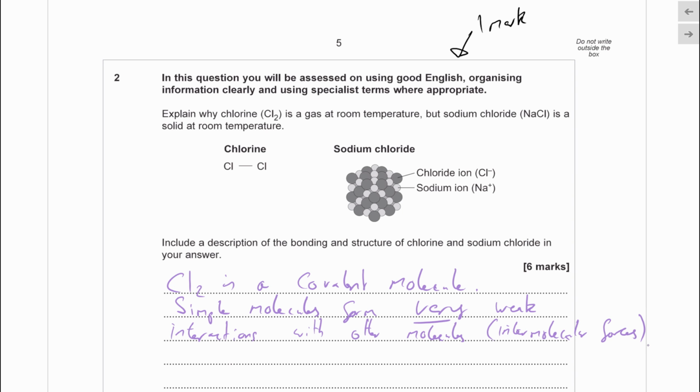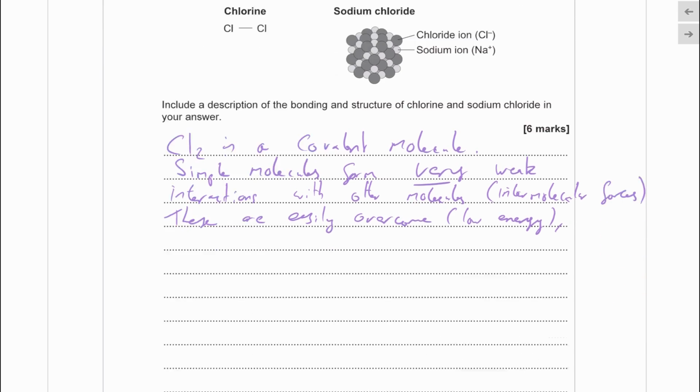Right? Alright, these are easily overcome. I'm going to put in brackets here, low energy. So it only requires a small amount of energy to overcome those intermolecular forces. Alright, which therefore equals a low boiling point and melting point.